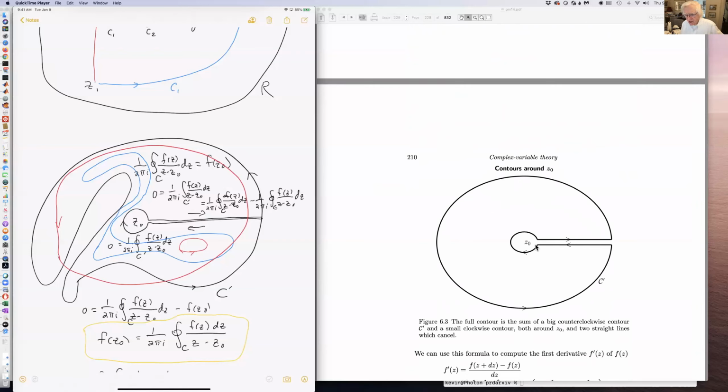We have a minus 2, (z prime minus z) cubed, and then a minus 1 from this minus sign. And so we get f double prime is 2 over 2 pi i, an integral, and instead of z prime minus z, we have (z prime minus z) cubed, which is, of course, 2 plus 1.